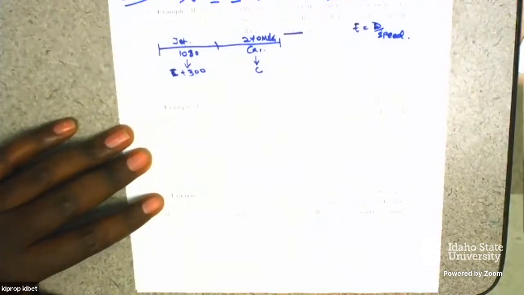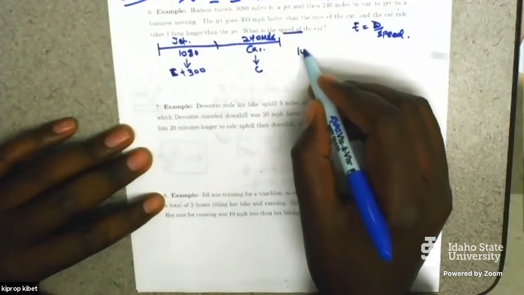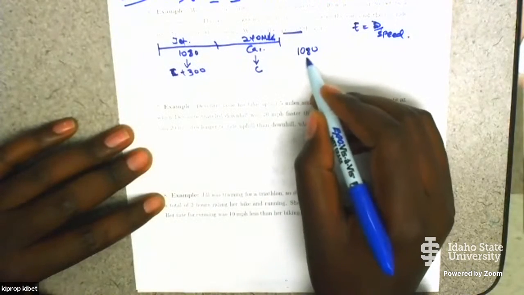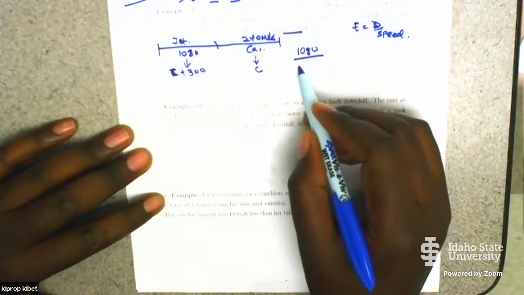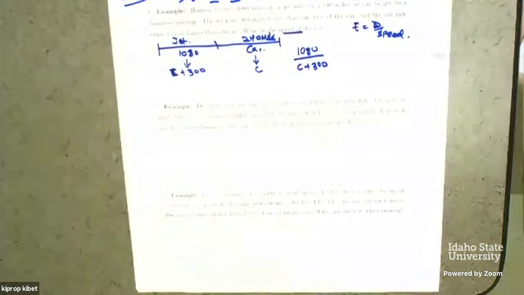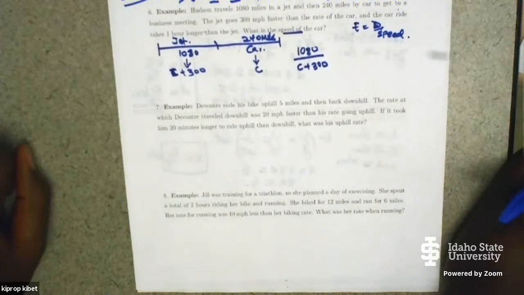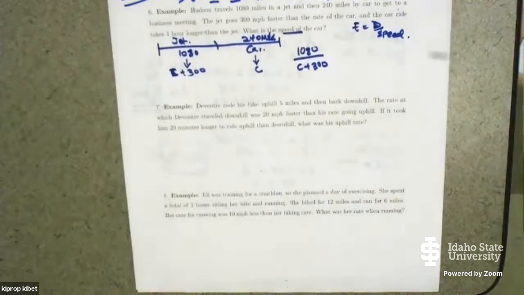The distance for the jet is 1080 miles, all over the speed of the jet, which is C plus 300. The car ride takes 1 hour longer than the jet. So what do we do to the time for the jet for it to be equal?